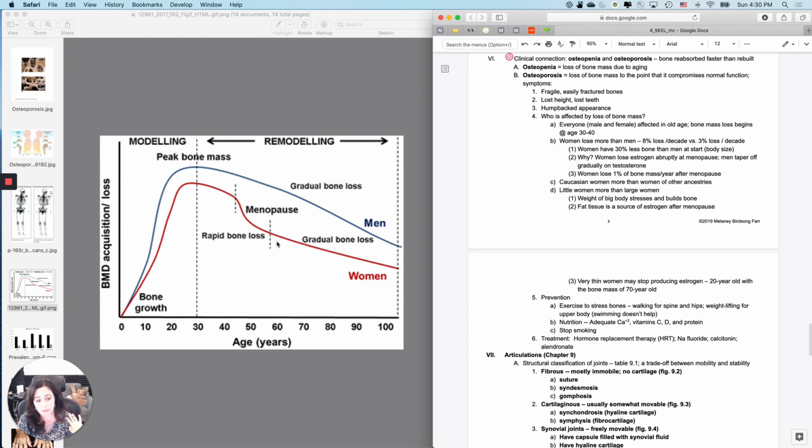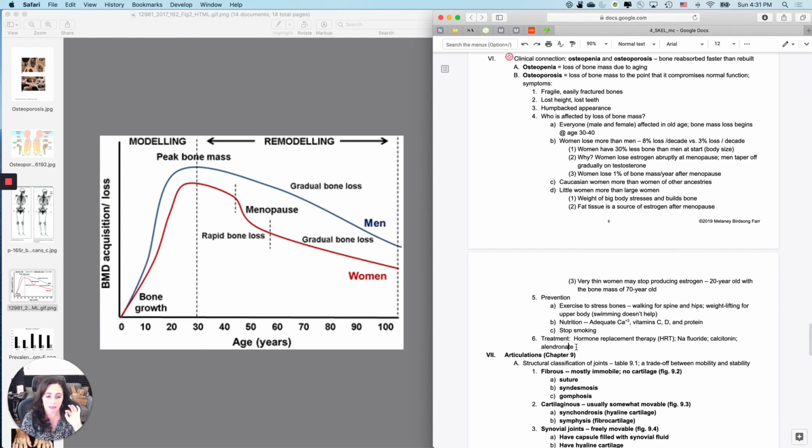Okay, sodium fluoride, calcitonin, that same hormone we talked about before, the one that tones down your calcium by making it deposit into your bone mass, that can be a treatment here. And then there's something called alendronate. I think it was sold as Fosamax. That is one of the few drugs that can actually help to reverse the bone mass loss.